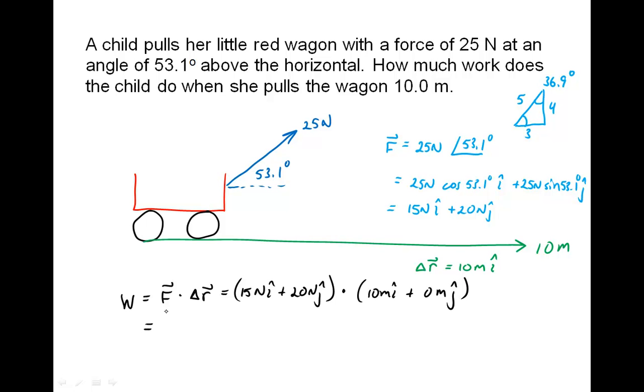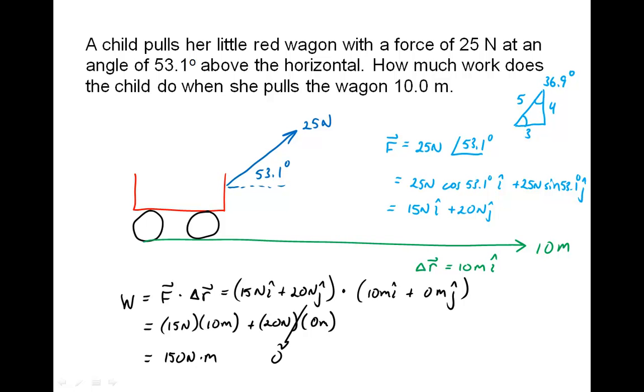And so recall again from dot products, you take the i component times the i component. So 15 newtons times 10 meters, those are the i components of each vector, plus 20 newtons times 0 meters, that's the j components of both vectors. This of course is 0, and so I'm left with 150 newton meters. And so that's the work done by the child.